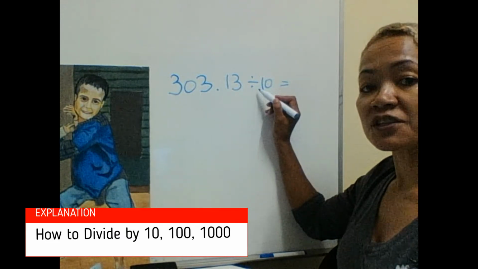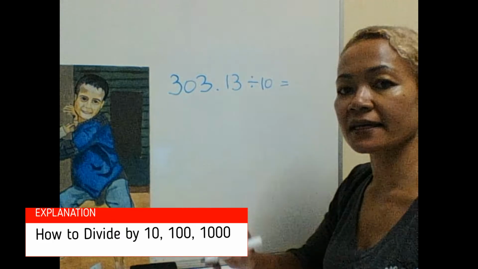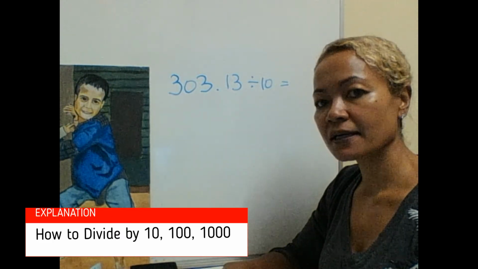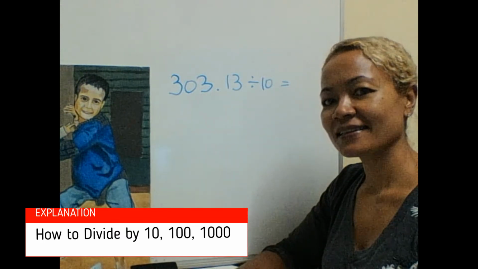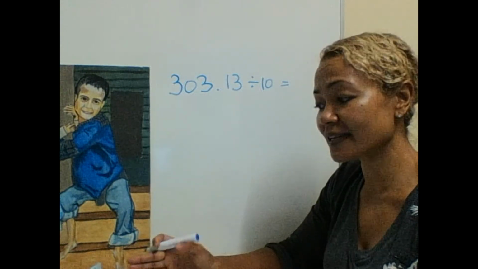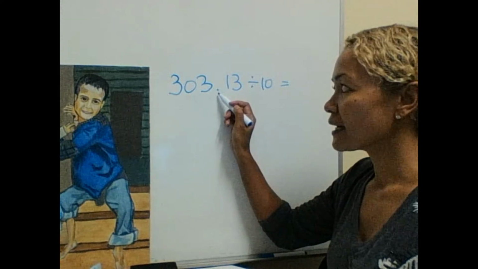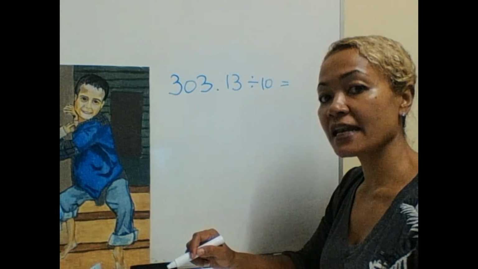But with division, you have to move it in the opposite direction to make it smaller. Because if you're dividing a number, it's the same thing as cutting, right? So you're cutting into 10 equal pieces, 10 equal portions. It has to go smaller. So it goes towards the left.